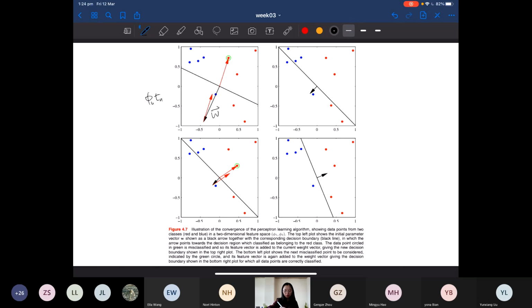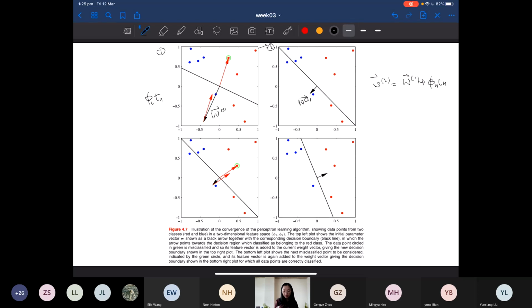From this first picture, we move to the second picture. The new weight vector, this is W1, the W2 is essentially the first weight vector plus the phi and the red arrow here, right?